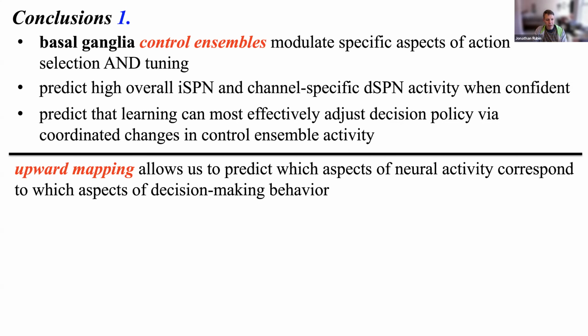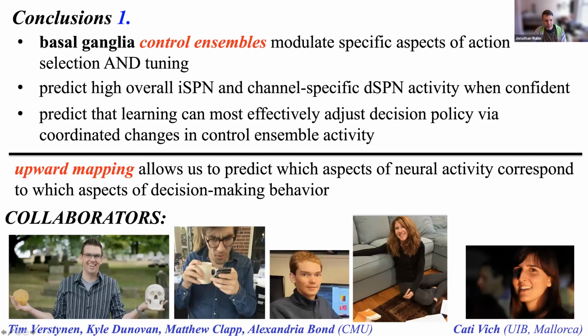Okay, so this part was done with several collaborators, mostly at Carnegie Mellon, pictured here, and then Cati Vich from Mallorca. So this is part of a CRCNS award that Cati, Tim, and I have along with an experimentalist, and we're still doing lots of follow-ups. This is kind of the polished part that we have.